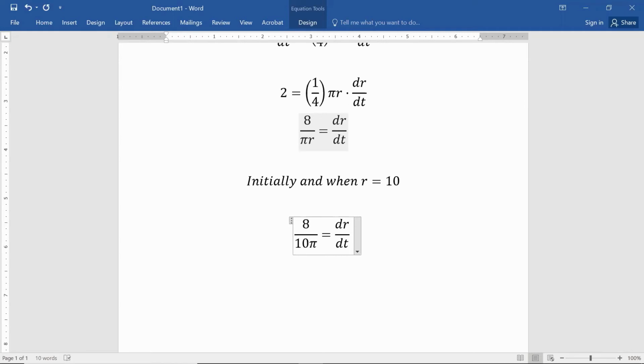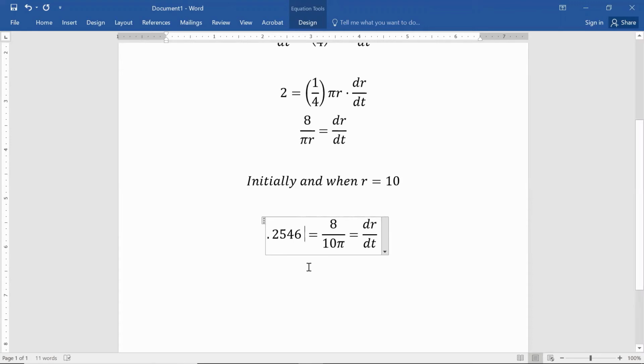If you want to calculate the change in radius with respect to time when the radius is at 10, you can recalculate this, and this is approximately 0.2546.